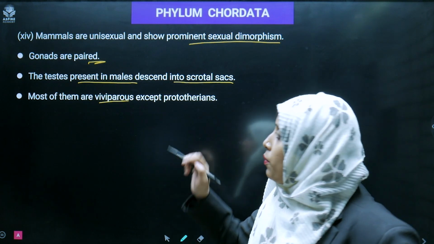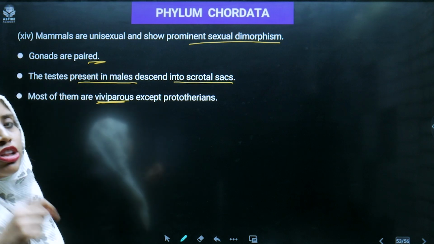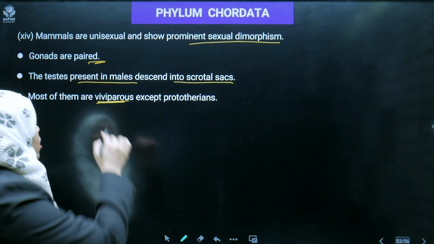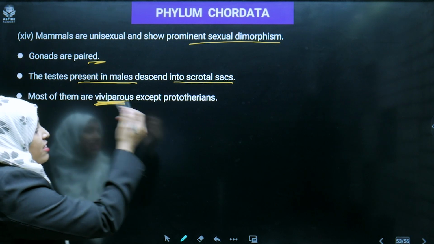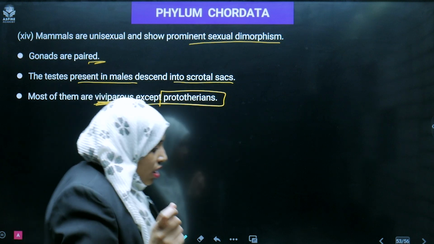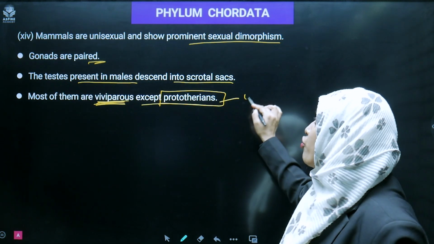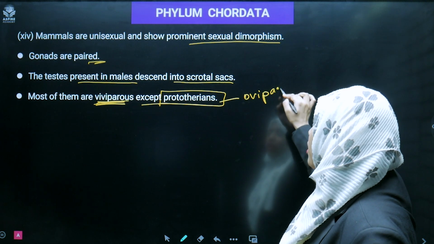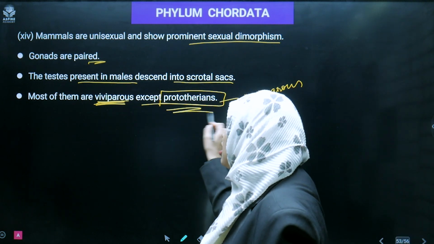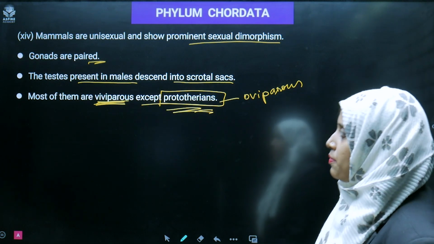It is not like the case of birds, which first lay eggs, the eggs are hatched and then the chicks come out. Except prototherians, one of the subclasses within mammals. They are oviparous, that means they lay eggs, but the rest, apart from prototherians, are viviparous.